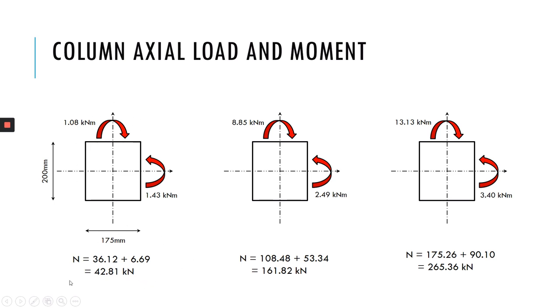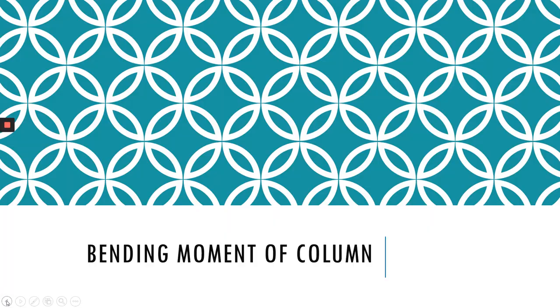Okay, so your N here is equal to 36.12 plus 6.69. This is the total action, or the N that you calculated previously from the X axis and also the Y or Z axis. So I will show you here.